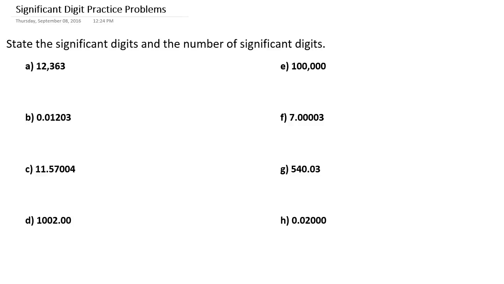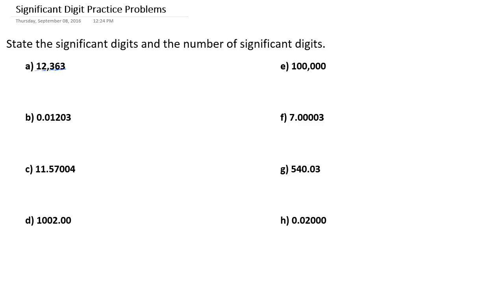Let's take a look at some significant digit practice problems that we have here. We're going to use a variety of the rules that we have learned along the way. So let's start with this first number here, 12,363. We look at our first rule and it says that any non-zero digit is significant.